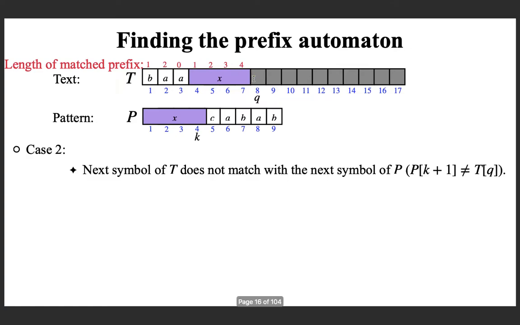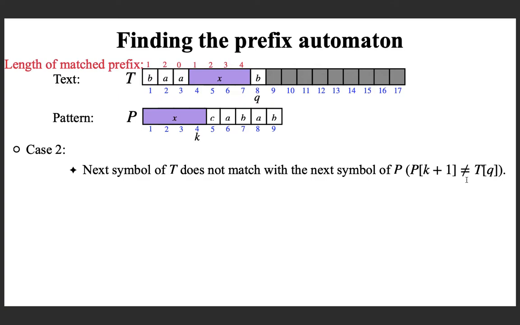Now, look at the other case when they are not matching. For example, here when you open, you see that the next symbol that you are getting from the input string is small b, but in the pattern you have a small c. So, they are not matching. So, what you can do? This is a critical stage in the processing. You cannot extend.